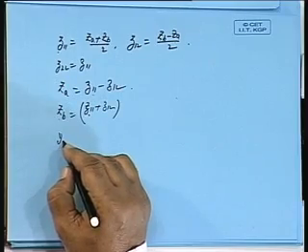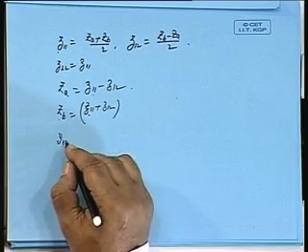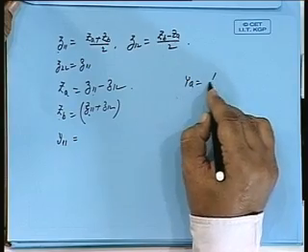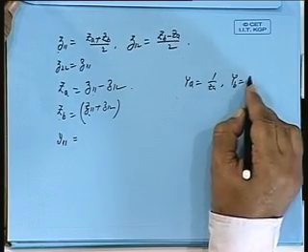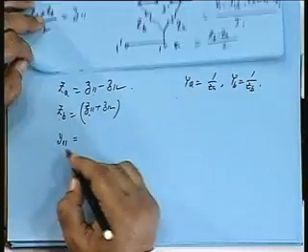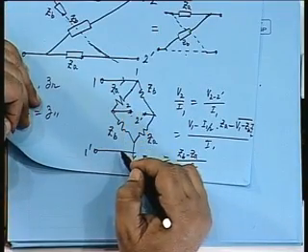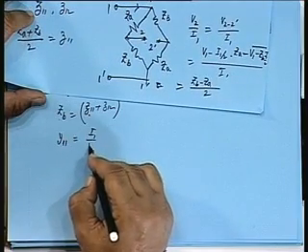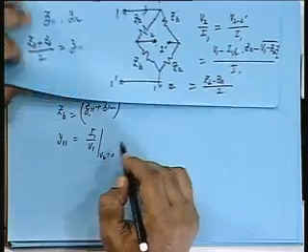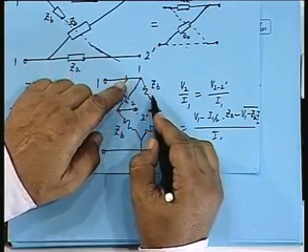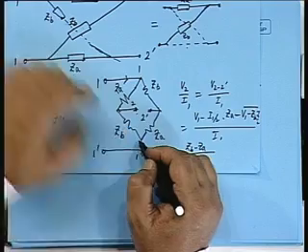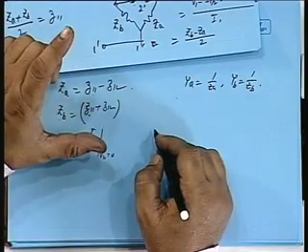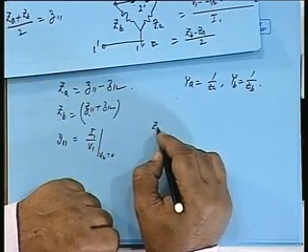If you are given the specification in terms of Y parameters, what is Y11? Suppose I call YA as 1 by ZA, YB as 1 by ZB. Y11 is I1 by V1 when V2 is 0. So, if I short circuit this, it is ZA plus ZB in parallel, again ZA plus ZB in parallel, and then in series.